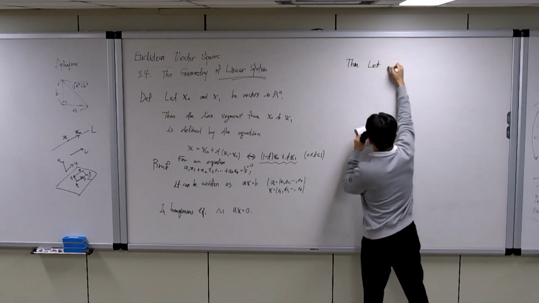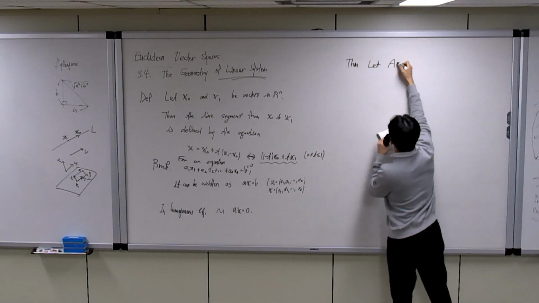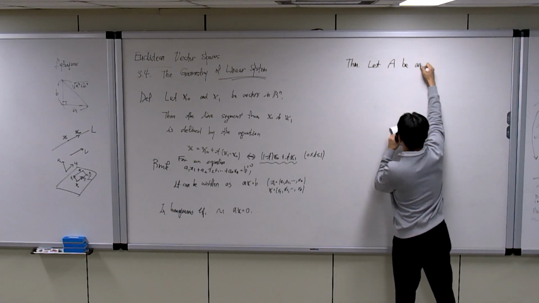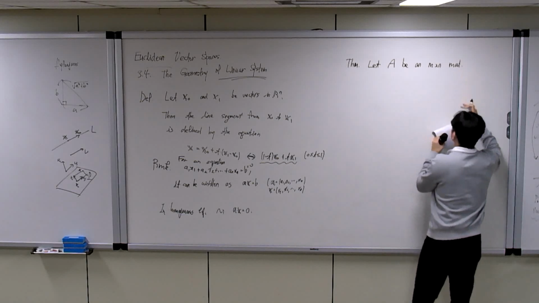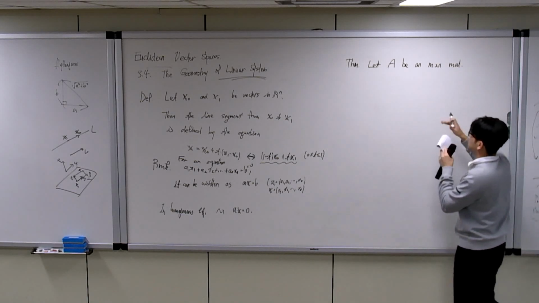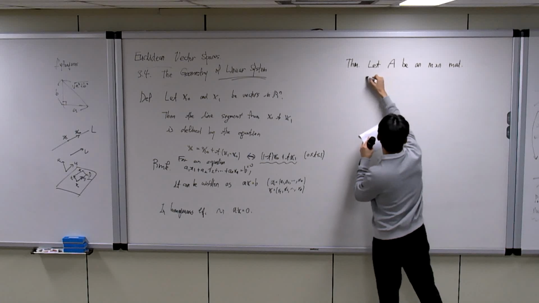Let A be an m by n matrix, and we will call it the augmented matrix.